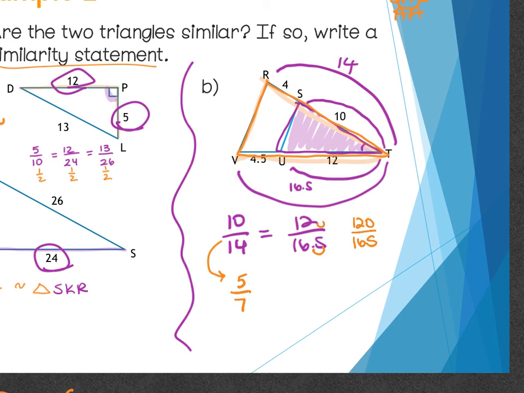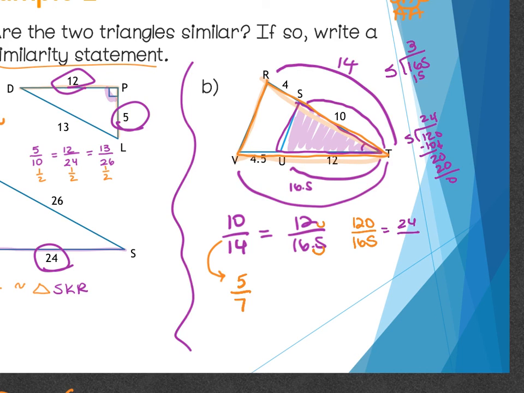So what's an easy thing to go into both 120 and 165? What happens if they end in 0 and 5? They're both divisible by 5, right? So I could do 120 divided by 5. It's 24. So that's 24 over, and then do 165 divided by 5.